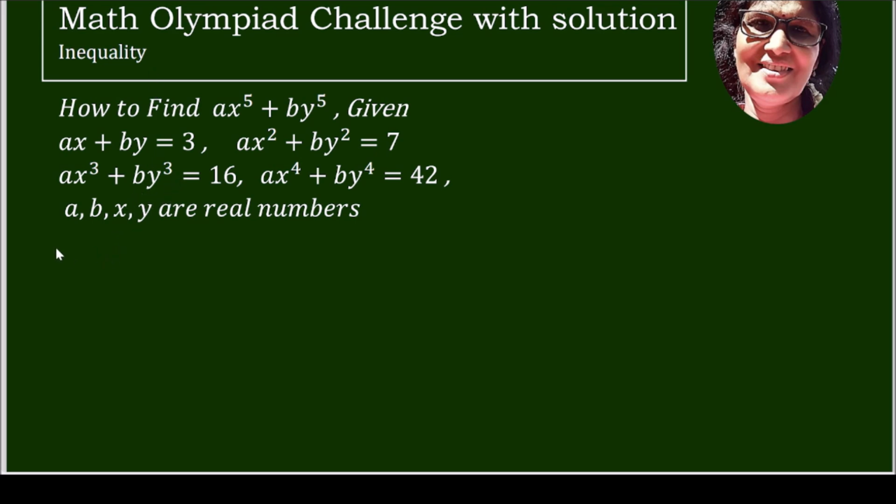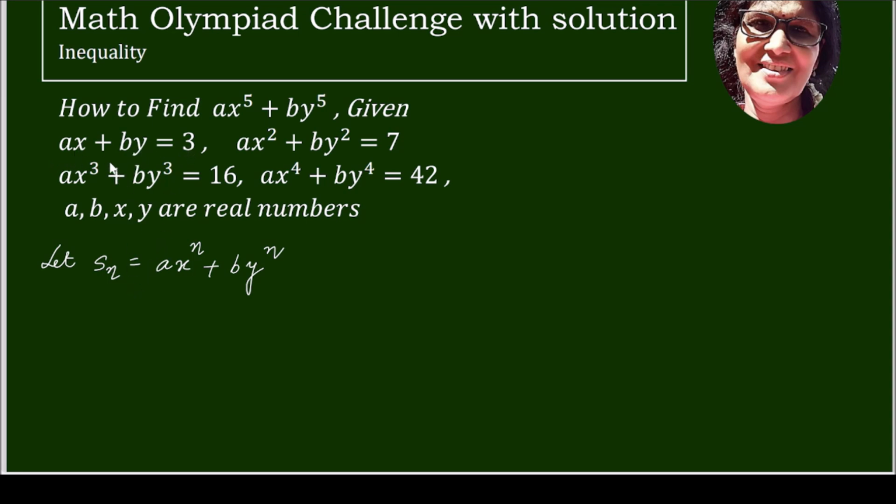So let the summation be denoted by Sn equals a x^n plus b y^n. Here the first is ax + by = 3.